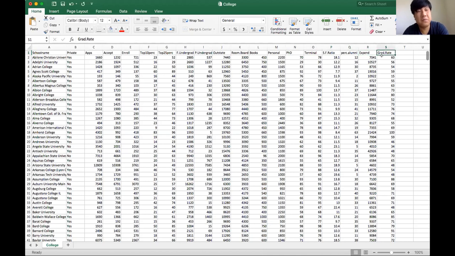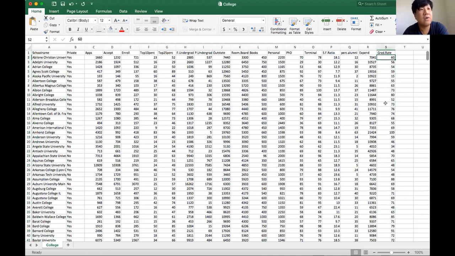In the final project, I want you guys to choose some variables that affect the graduation rate. For example, I want to improve the school because one of the important factors affecting the ranking of a school is graduation rate.